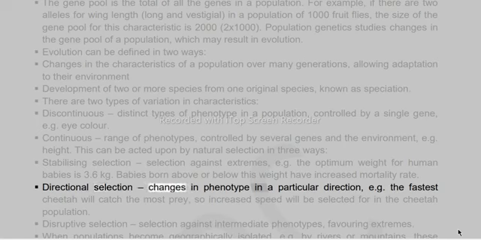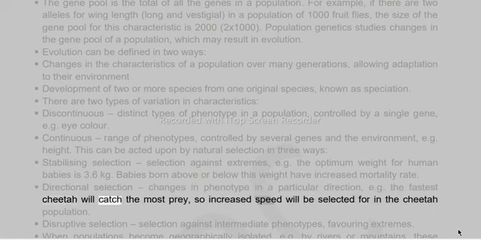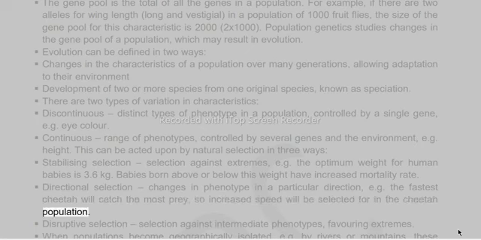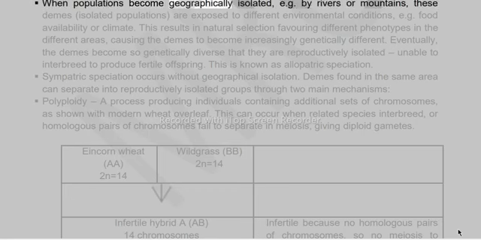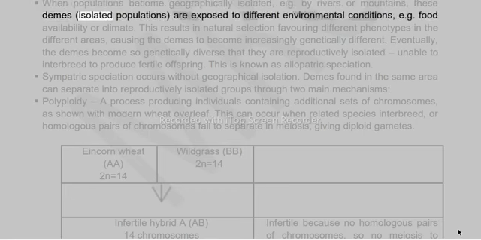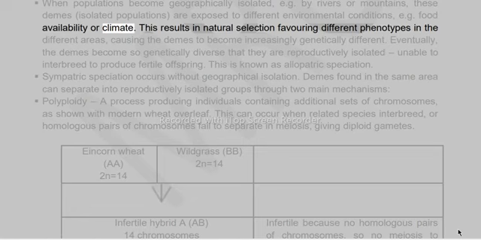Directional selection, changes in phenotype in a particular direction, e.g. the fastest cheetah will catch the most prey, so increased speed will be selected for in the cheetah population. Disruptive selection, selection against intermediate phenotypes, favoring extremes. When populations become geographically isolated, e.g. by rivers or mountains, these demes, isolated populations, are exposed to different environmental conditions, e.g. food availability or climate.